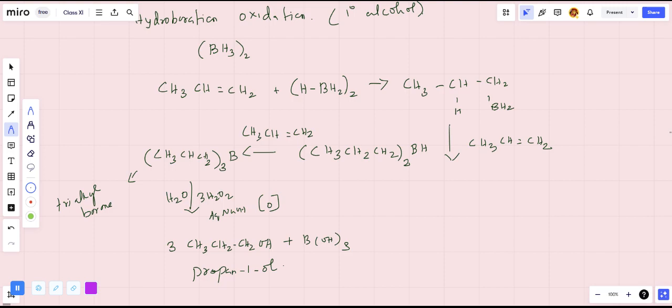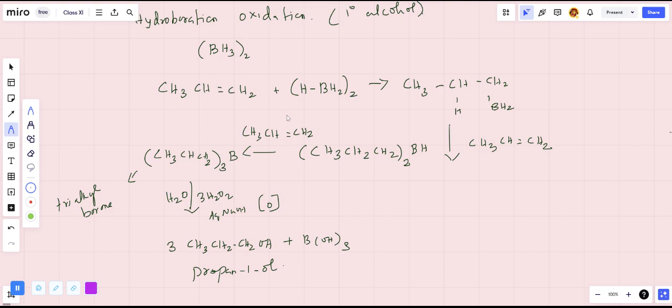Here the addition of borane to a double bond takes place at the sp2 carbon, which is opposite to Markovnikov's rule.